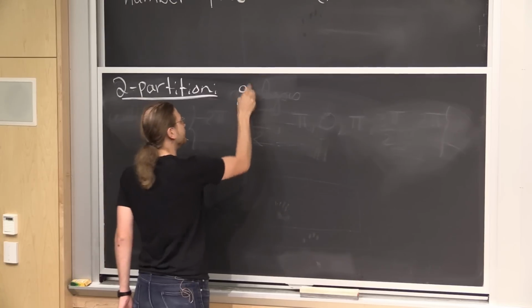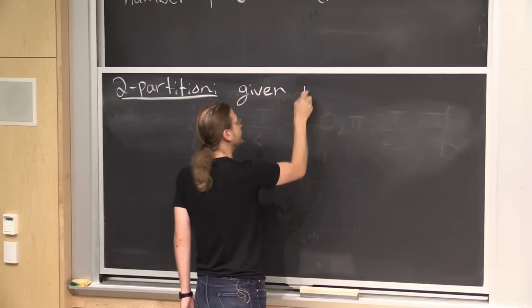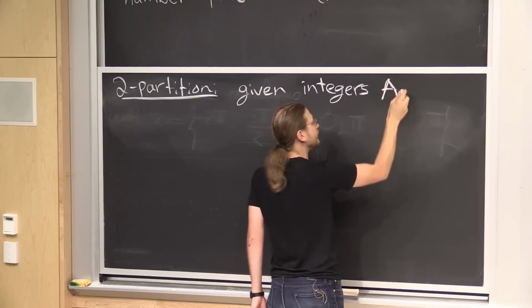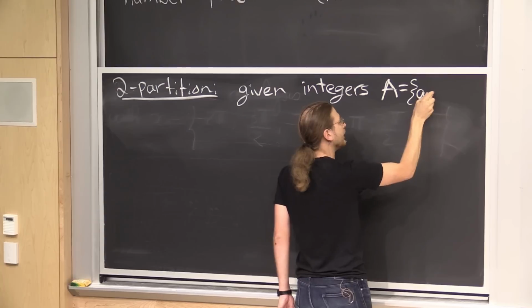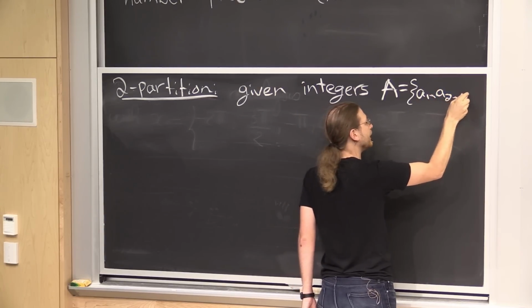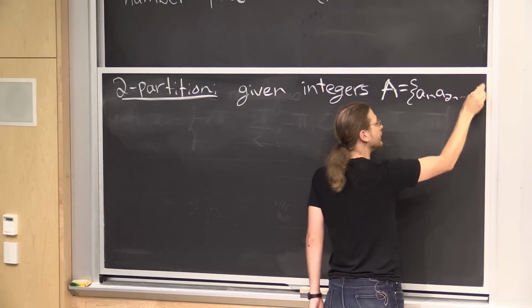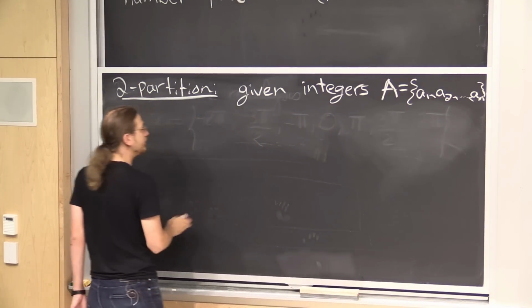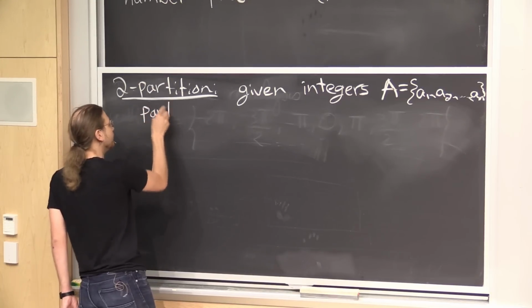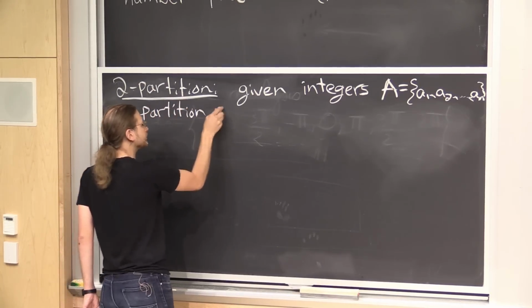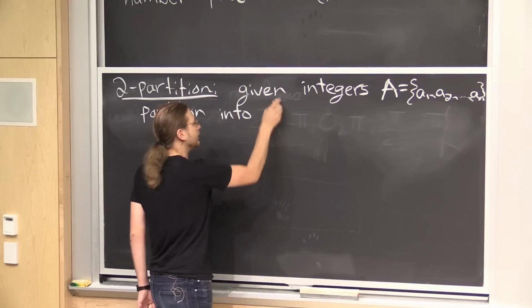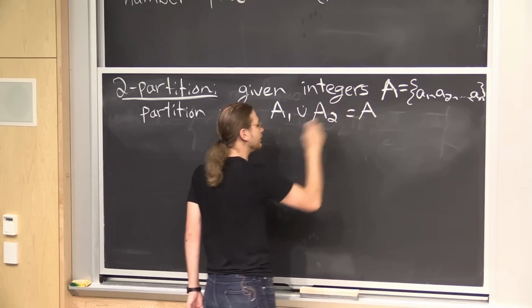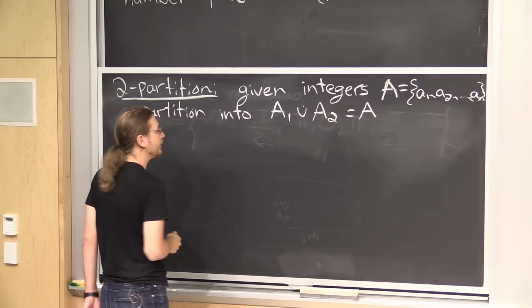So in two-partition, you're given n integers. We'll call the set of them capital A, and the integers themselves little a sub i, from 1 to n. What we'd like to do is partition them into two groups, A1 and A2, of equal sum.